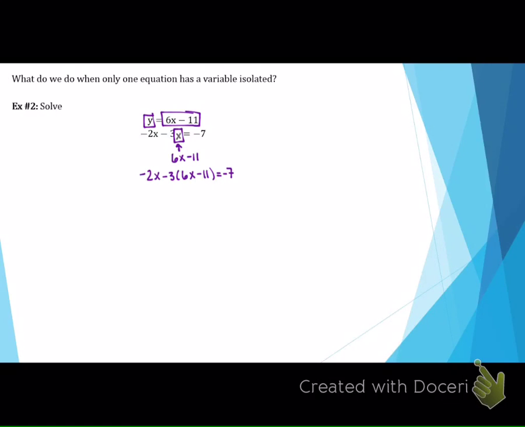Okay, so help me solve that, Jacqueline. Right, then what? Add 2x. So do negative 2x plus negative 18x, and that's negative 20x.